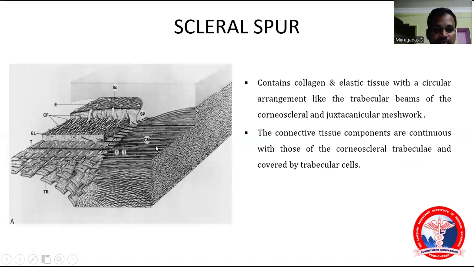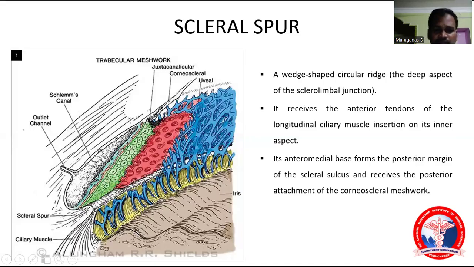Here in this picture also you can see that the trabecular meshwork has been divided into uveal, corneoscleral, and juxtacanalicular parts. So that is the trabecular meshwork giving attachment to the uvea and sclera, and cornea and sclera, and next to that is the juxtacanalicular meshwork.